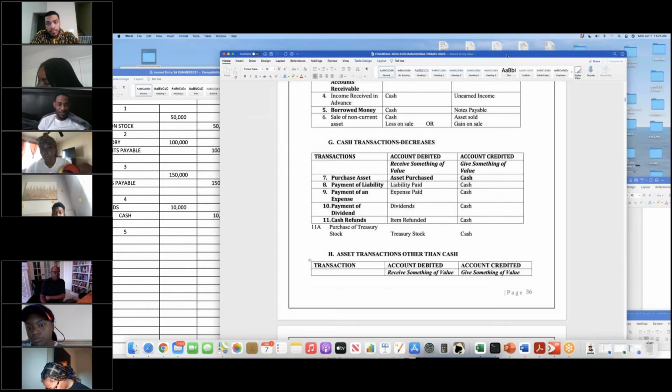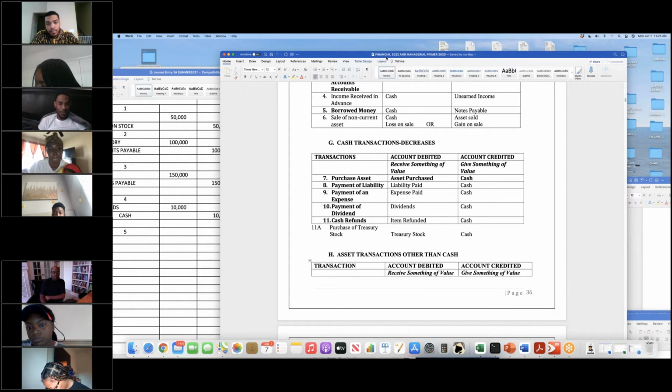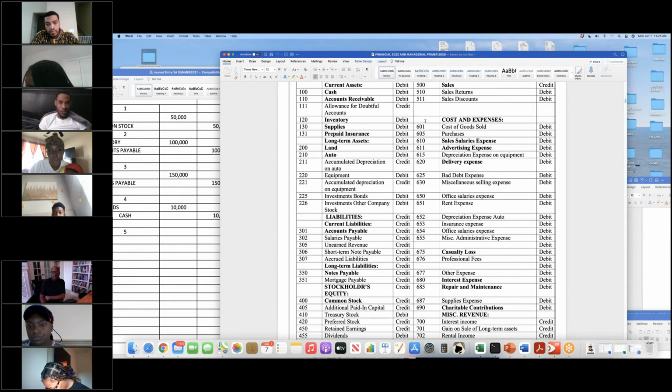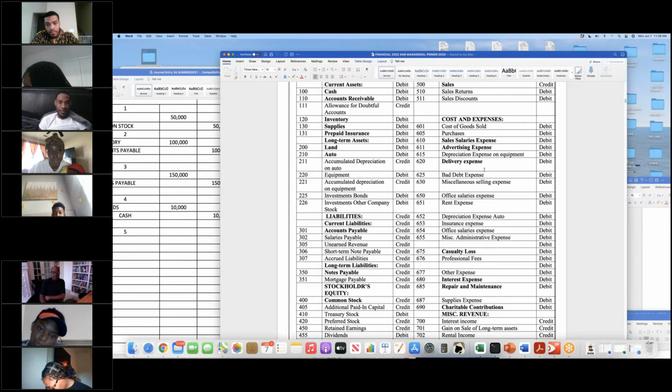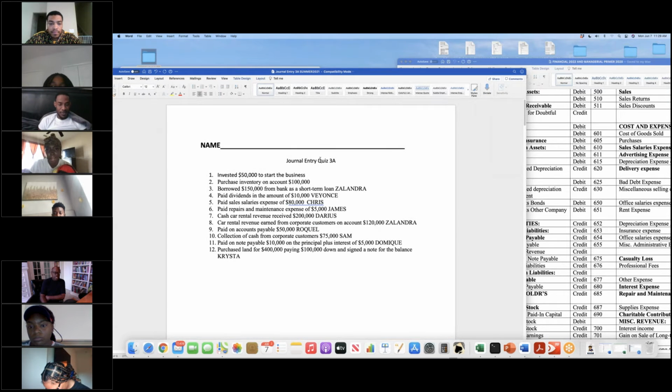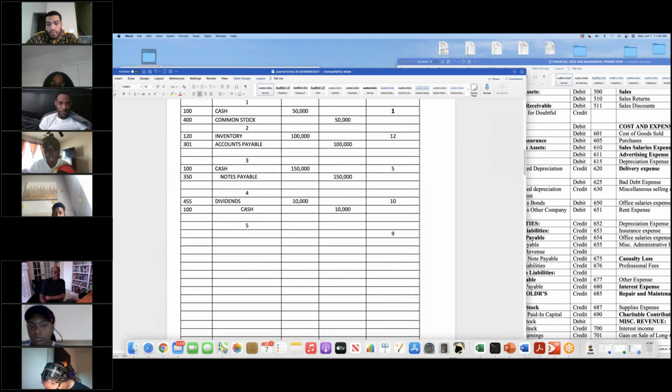We paid salaries, right? So we go to our chart of accounts and find salaries. We'll just make it sales salaries, 610. You can't say expense paid; you have to come over here and find the actual expense. So you don't say expense paid, you say sales salaries, 610. So we're going to sales salaries.